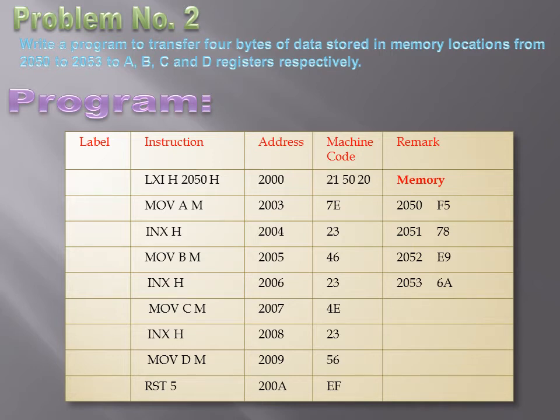Then we do MOV B,M. HL now has 2051, so it points to 2051, where we have stored 78. So 78 will get transferred to register B. In the same way, the next 2 bytes also get transferred into the registers, and finally we have RST5 for the temporary halt.